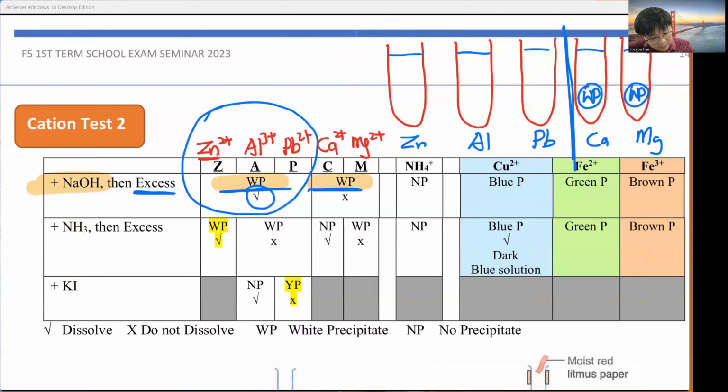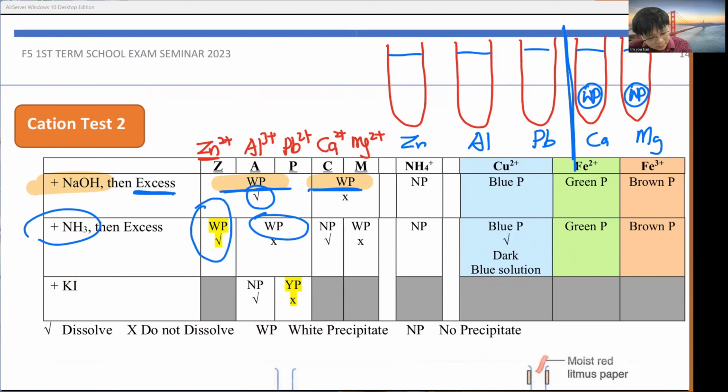Okay, now we do the second test. Now we will add ammonia. So what happened? Zinc will precipitate. The third one doesn't have, the calcium doesn't have. If you add a bit of ammonia, this is another sample, you test them one more time. You get white precipitate for all the test tubes, only calcium doesn't have.